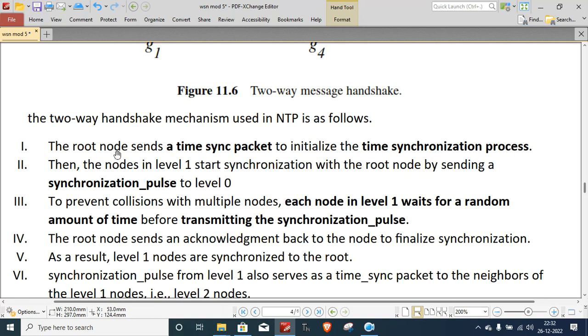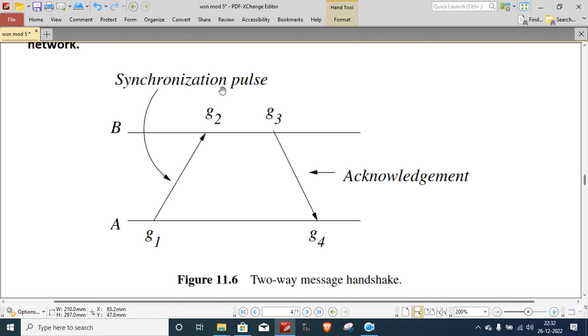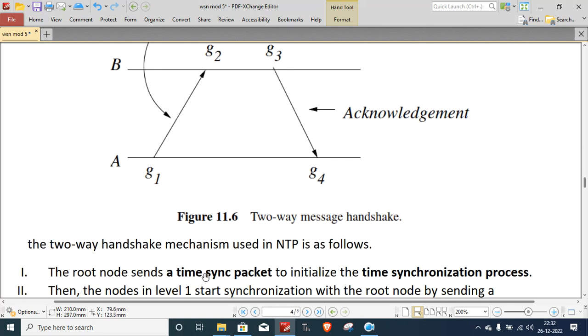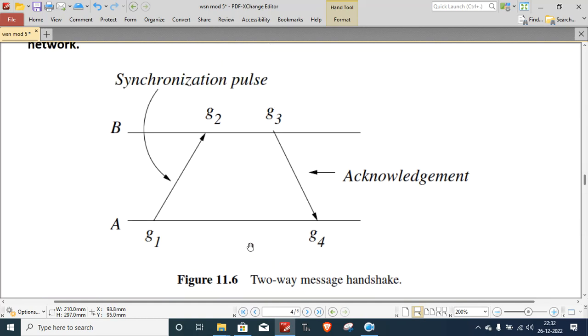So initially the root node sends the time synchronization packet to initialize the process. Only because of this packet, the lower level nodes in turn pass a synchronization pulse to the root node.